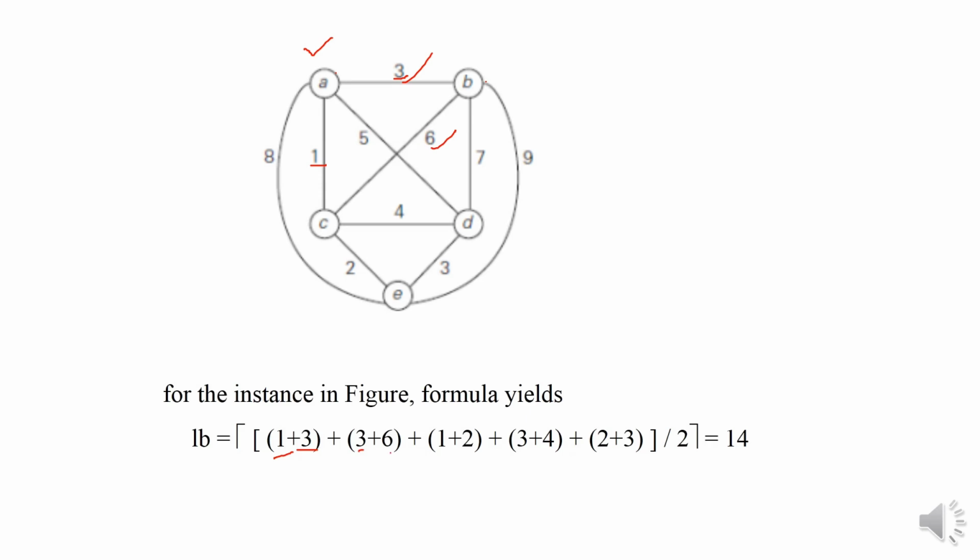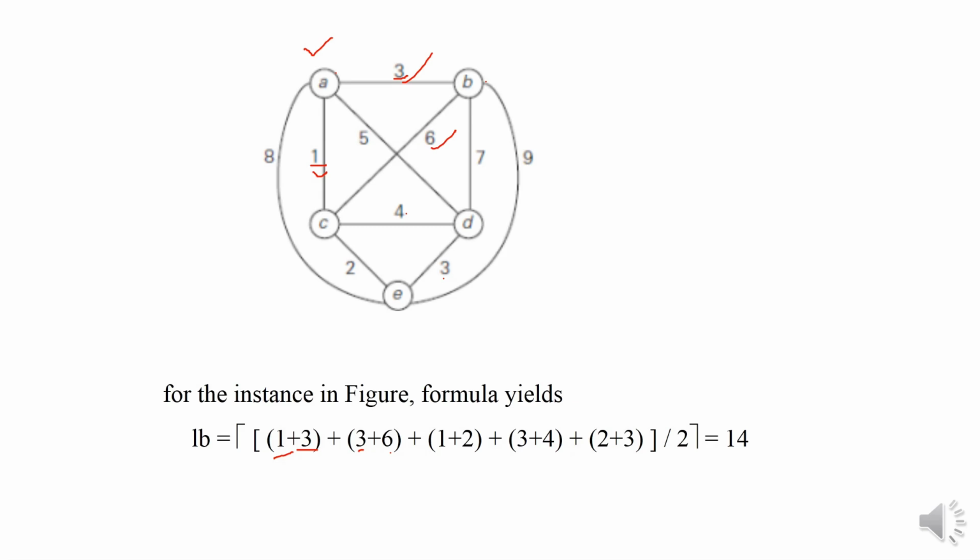Similarly, for the city C, out of the edges 1, 6, 4 and 2, the least are 1 and 2. So we take 1 plus 2. Then for the city D, out of the edges 3, 4, 5, 7, the least are 3 and 4. So we take the sum of the weights 3 and 4.